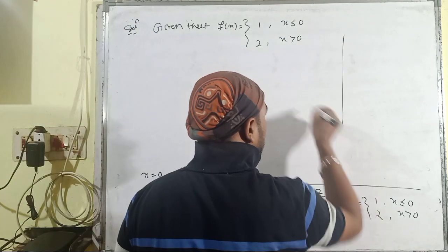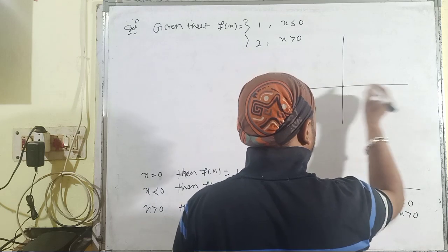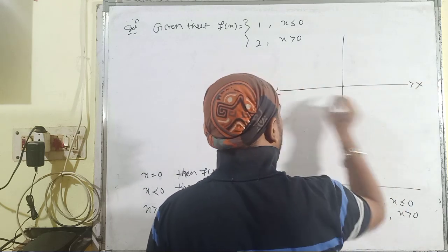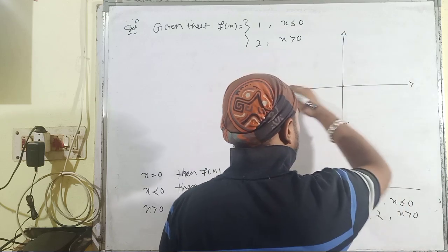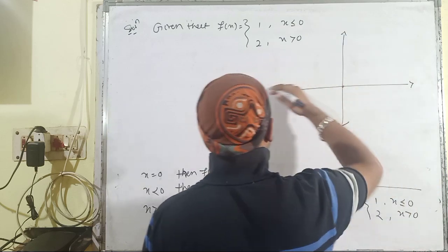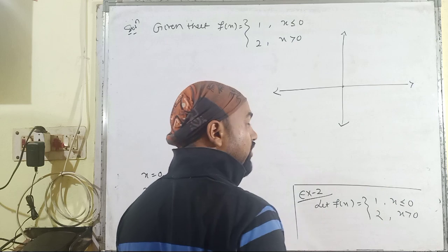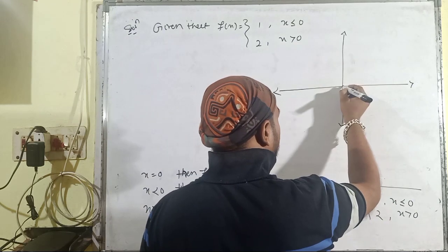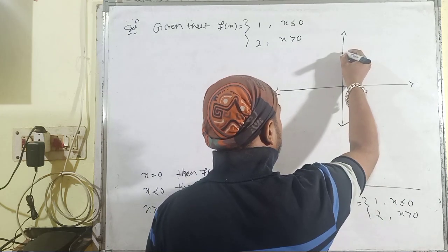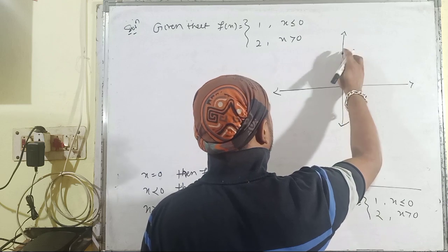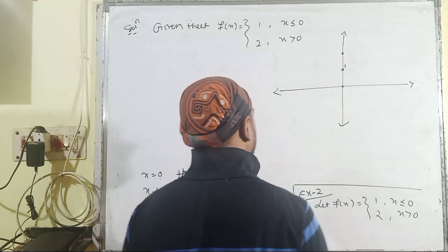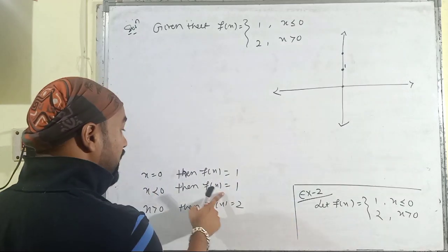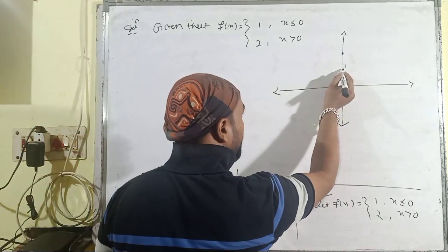So let us draw the diagram here. This horizontal line is for the value of x and this vertical line is the value for y. When x is equal to 0, then f of x is equal to 1. This is the value 1. When x is less than 0, again the value of f of x is equal to 1.